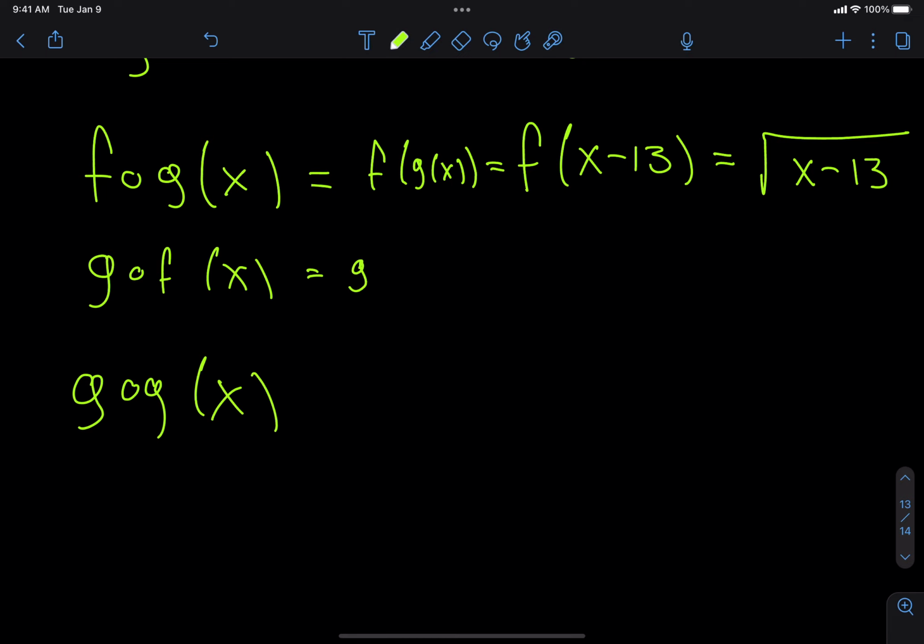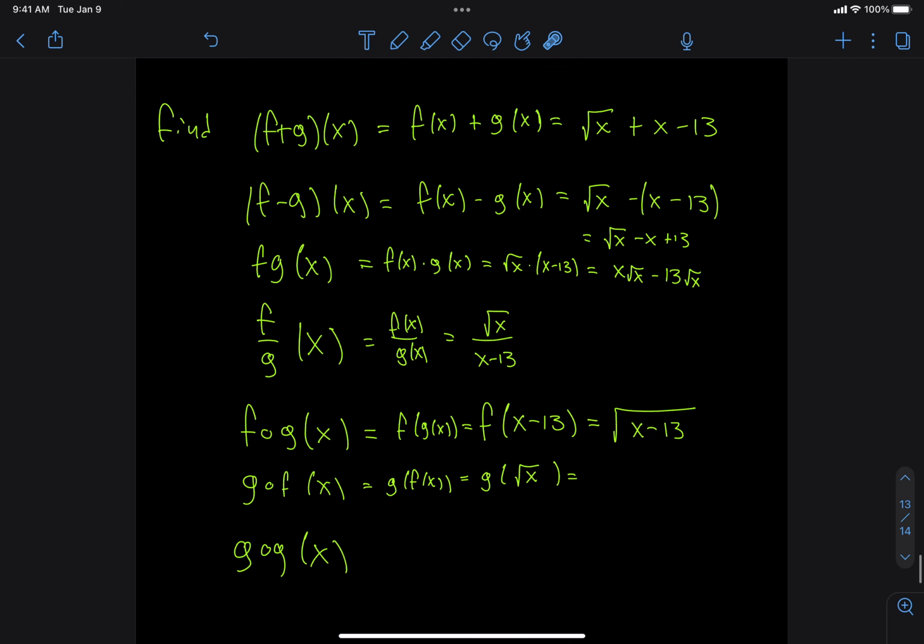Order does matter. So this one you can read as g of f of x. That would be equal to what? Now I'm going to replace f of x by the thing that it is equal to. So I'm going to do g of, what goes in my parentheses here? Square root of x. And now what do I do? This is the hard part.